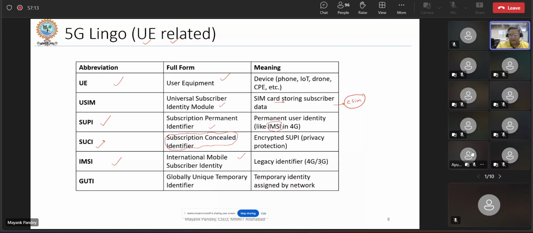These are the legacy identifiers of 4G and 3G. Then this is GUTI, globally unique temporary identifier. Remember in 4G, 2G, we also used to give TMSI, temporary IMSI, for not disclosing the actual identity on the network. This is UE related 5G lingo.